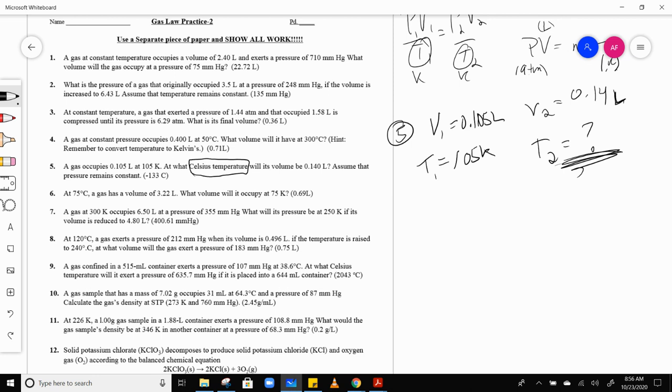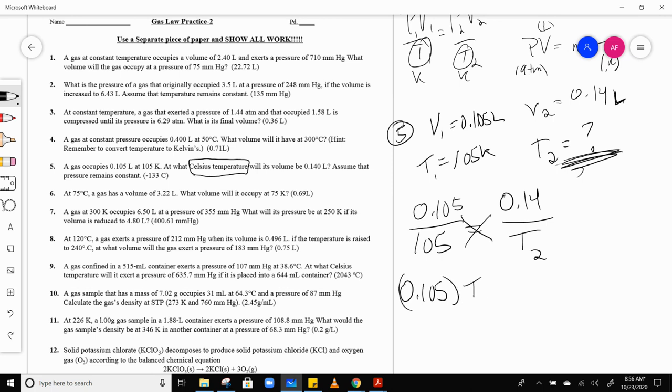So here V1 is 0.105, T1 is 105, V2 is 0.14, and T2 is what we're solving for. Now, because T2 is on the bottom, I like to do cross multiplication here. So 0.105 times T2 is equal to the other two multiplied by each other, so 105 times 0.14.